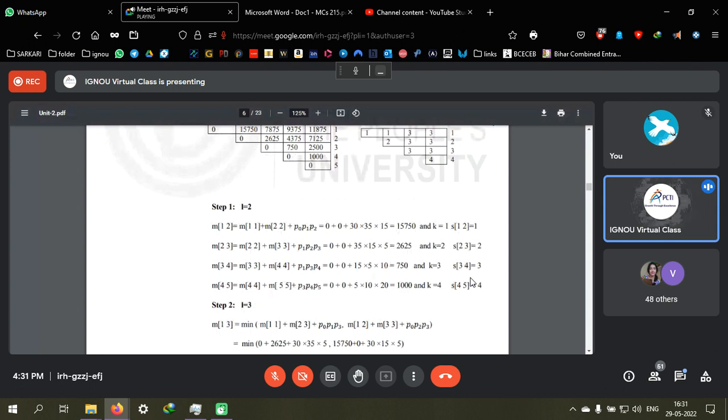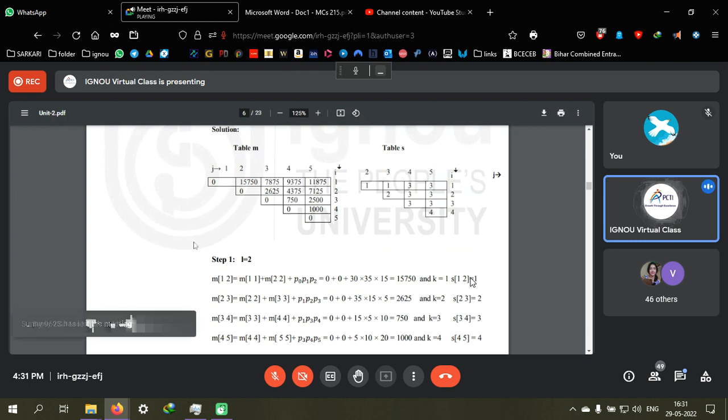The value of k is 1 and the value of j is 2. Okay. Now we have to compute M12. So we have to put the value of M11. M11 is 0. So here is 0. M22 value is also 0. So here is 0.